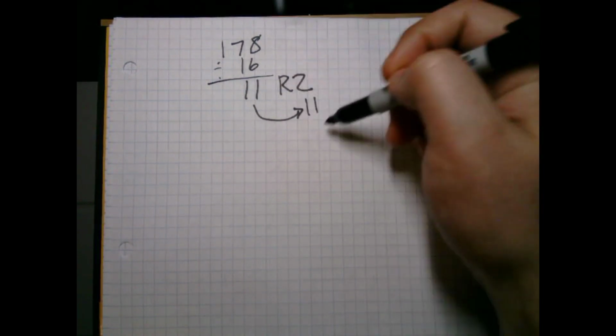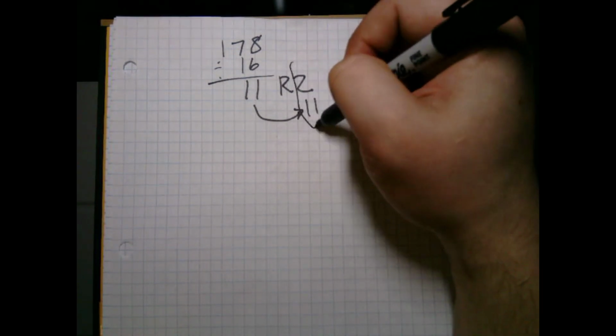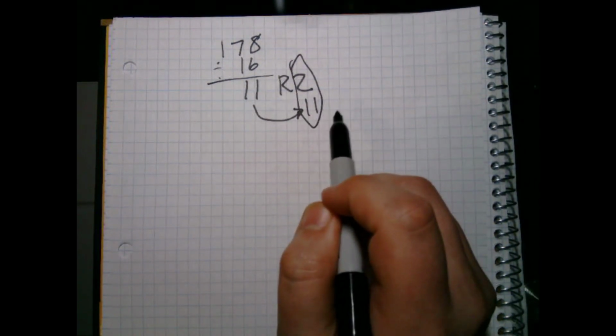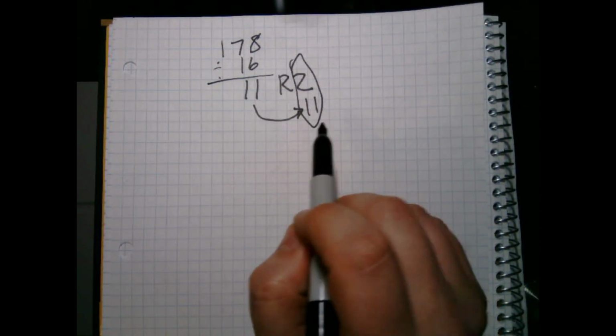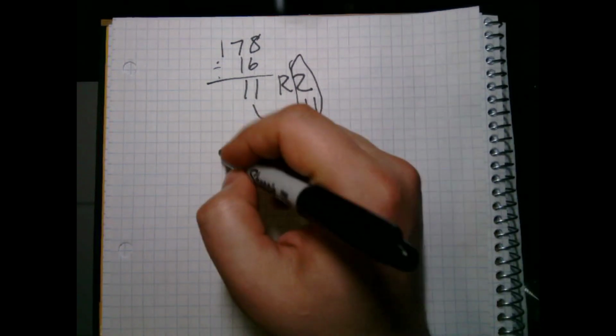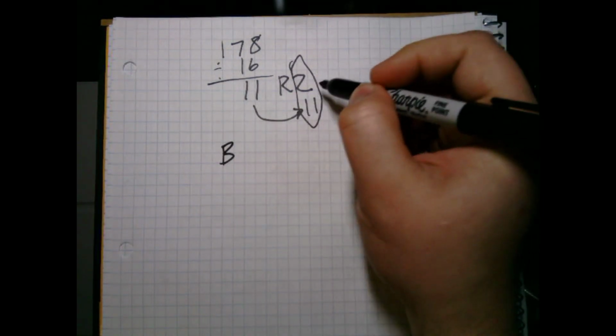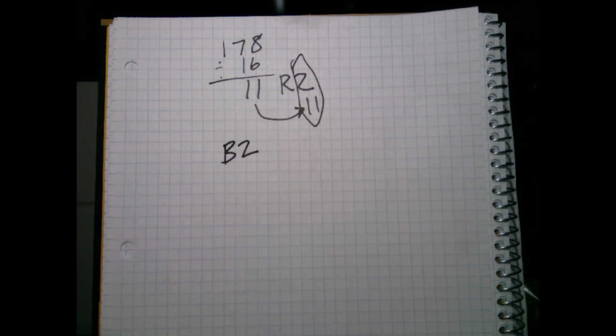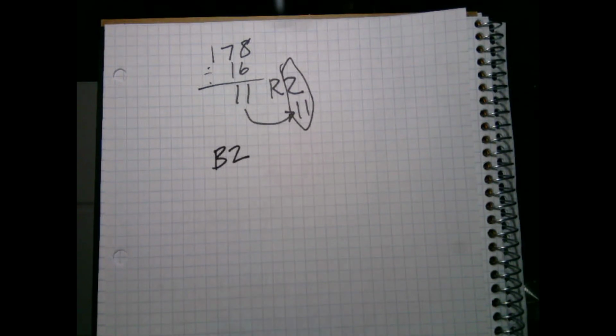Then we go from bottom to top, take the digits and write them out. 11, however, has to be converted into a B first. So we write down that, then the 2, and there's our hexadecimal conversion.